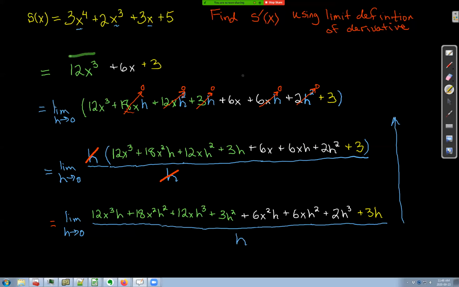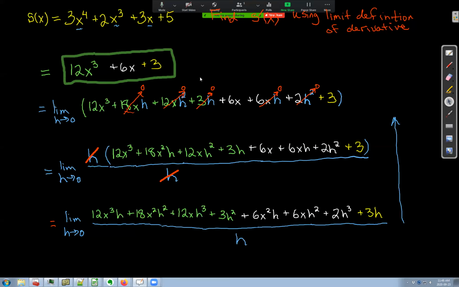We've actually done it. I think that terrible problem is finally over. We found the derivative using the limit definition of the derivative, and we got this as our final answer, and that is correct. Woo, that was a lot of work, but it worked.